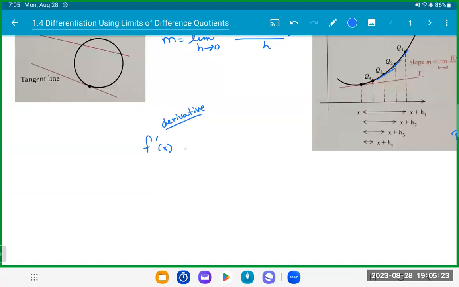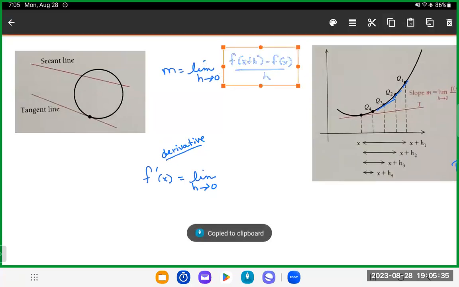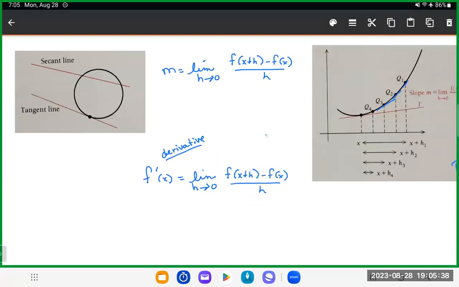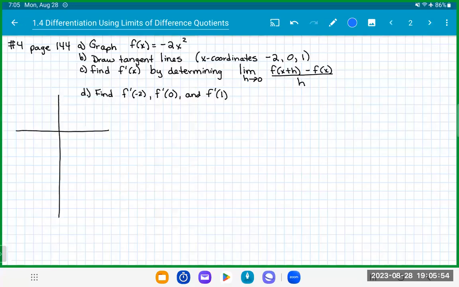That derivative is equal to the limit as h approaches 0 of our difference quotient function, and that is providing that the limit actually exists, right? If f prime exists, then we say that f is differentiable at x, okay?